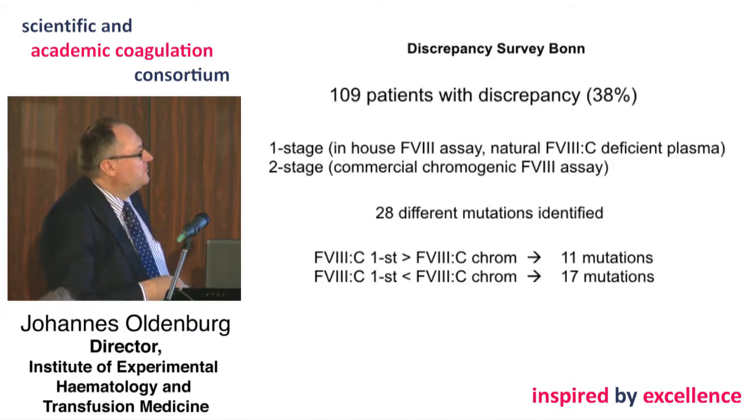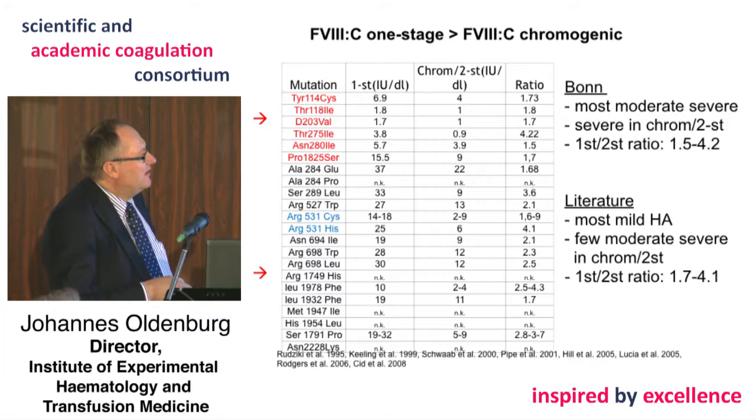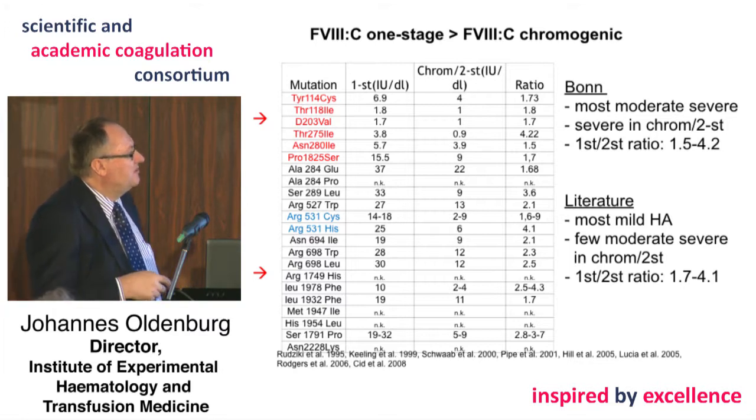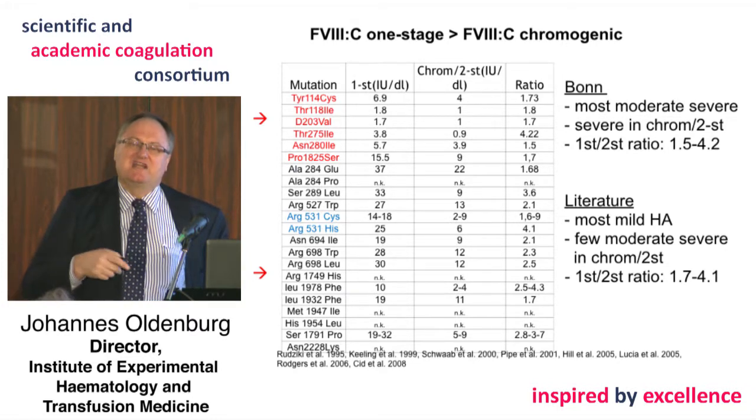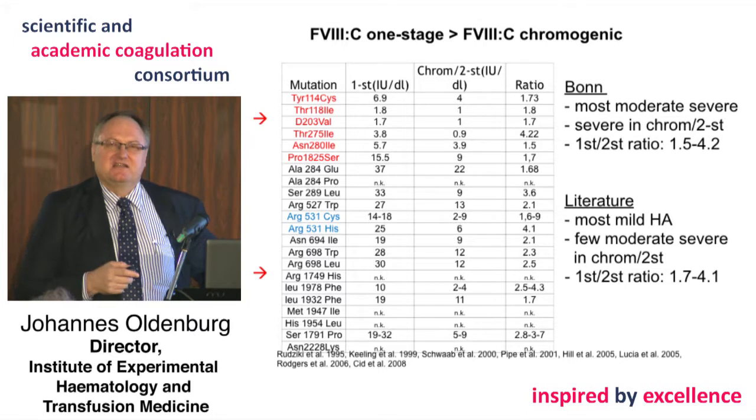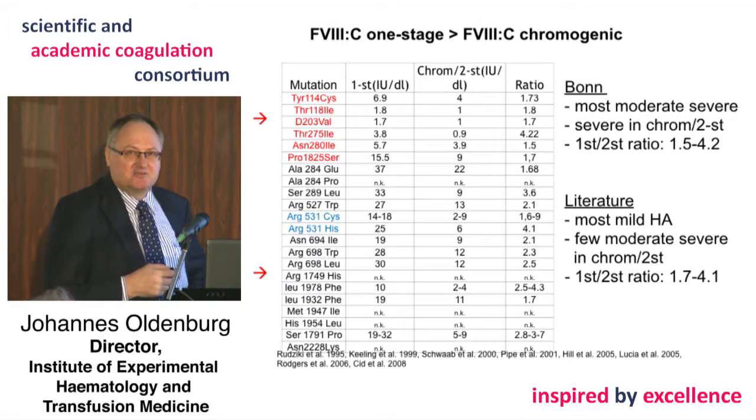This is an overview over the literature where a number of mutations have been published that are discrepant between the one-stage and the chromogenic assay. In this example, most samples were measured with a higher value in the one-stage assay than in the chromogenic assay.